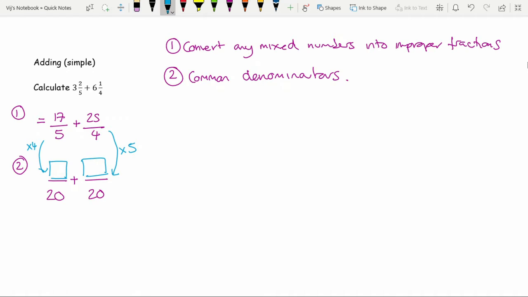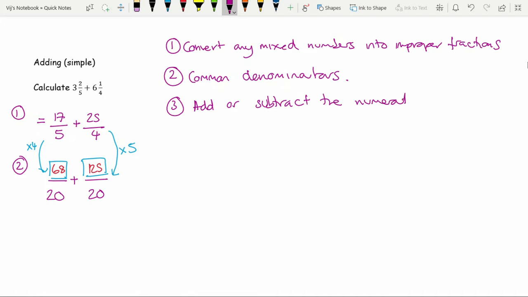So I do 17 times 4, I get an answer of 68. And let's use a different colour pen. If I do 25 times 5, I get 125. Now once the denominators are the same, what we need to do is either add or subtract the numerators.